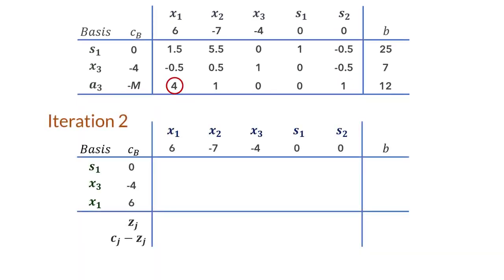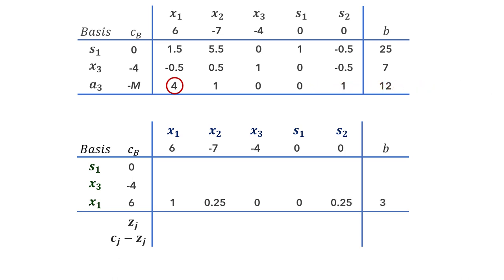For the second iteration, we have x1 replacing A3 here with an objective function coefficient of 6. The primary goal again is to make the previous pivot column a unit column. We first make the previous pivot element a 1 by dividing the third row by the pivot element 4. 4 divided by 4 is 1. 1 over 4 is 0.25, 0, 0, 0.25, and 3.